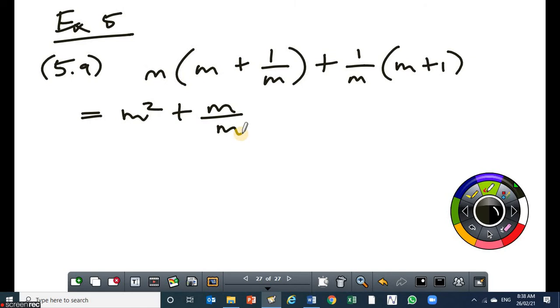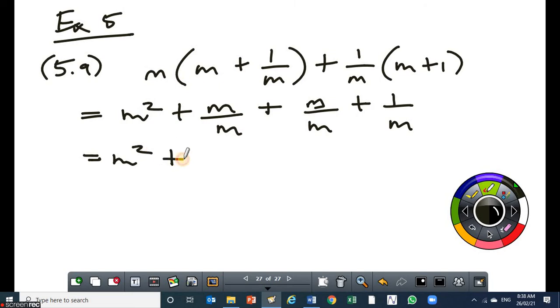Then 1 over m times m plus 1. The numerator multiplies the m, so you get m over m plus 1 over m. Then this becomes m squared. Now this m over m is equal to 1.